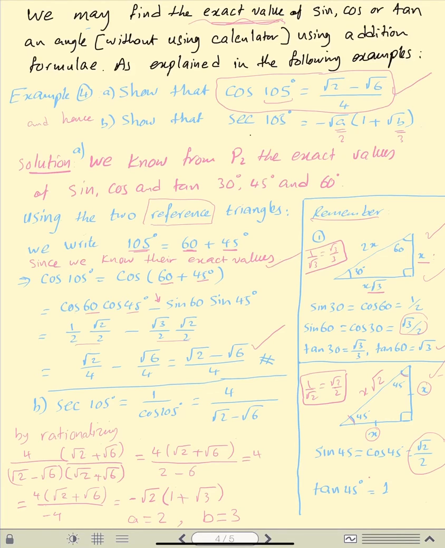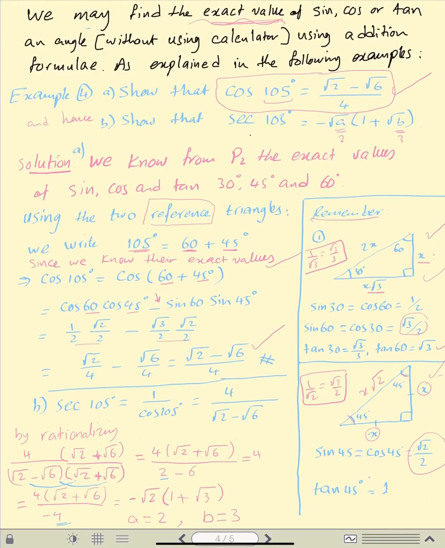So 4 times radical 2 plus radical 6, remember we have to change the sign, it's a conjugate. Radical 2 times radical 2 is 2, radical 6 times itself is 6, so the denominator will be negative 4. 4 over negative 4 is minus 1.